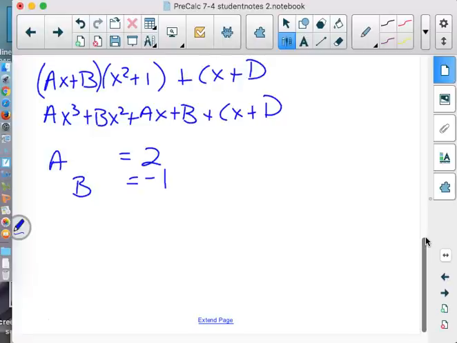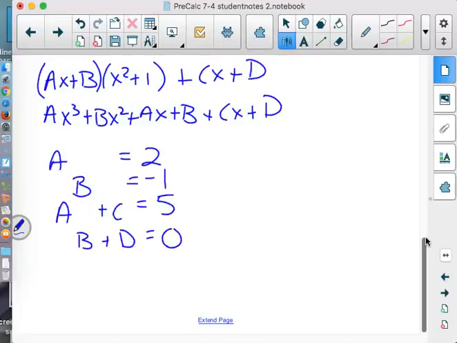And we have A plus C. And our x terms came out to 5. And constants. B and D. What was our constant? Yeah, 0, it's not there.